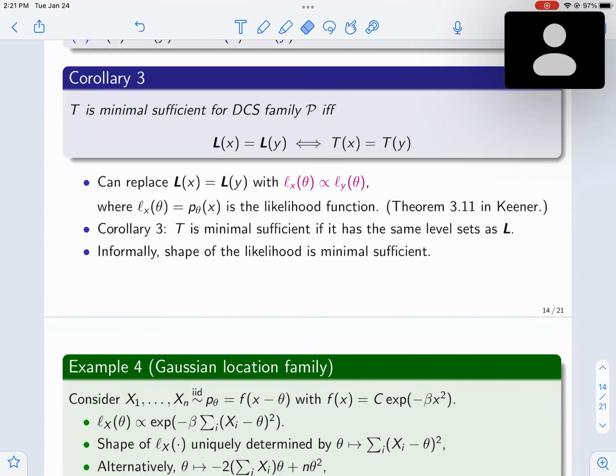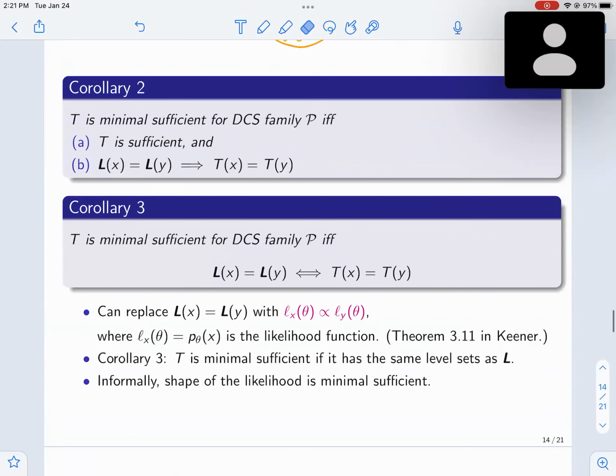But that's what it says. So in the end, usually it's easier to verify sufficiency, but if you don't want to, this is also true. T is minimal sufficient if and only if this holds, but this just means that T has a bijection to L, which we already know. If you have a minimal sufficient statistic, you're going to be minimal if and only if you have a bijective relation to the minimal one. So there's nothing new here.